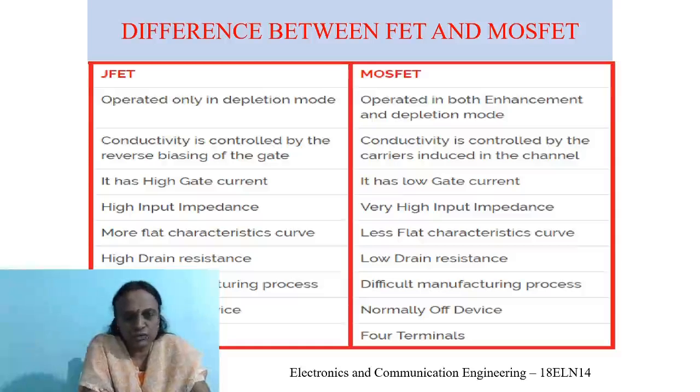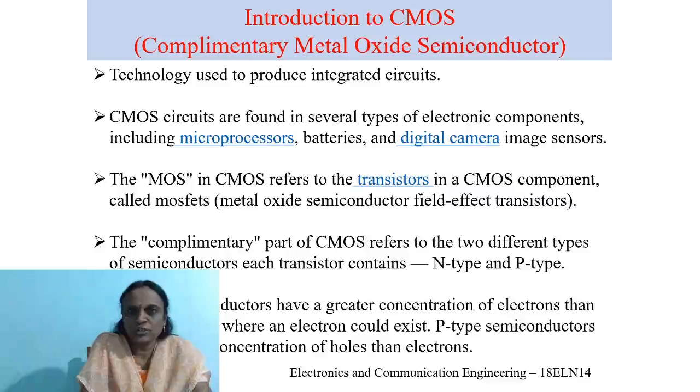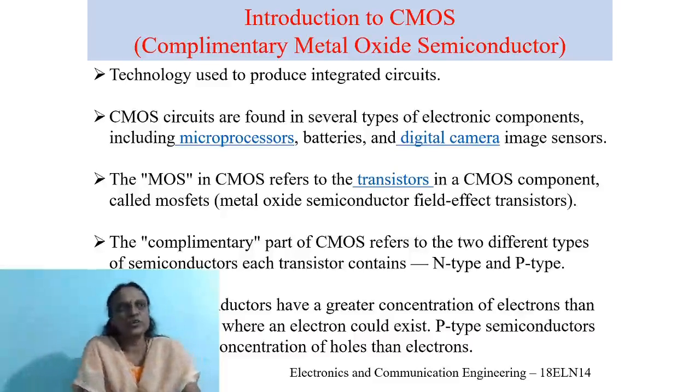Next, after knowing thoroughly about the JFET and MOSFET, we move on to a new concept which is an extension of MOSFET, called complementary metal oxide semiconductor, known as CMOS. CMOS stands for complementary metal oxide semiconductor. It is a technology used to produce integrated circuits.